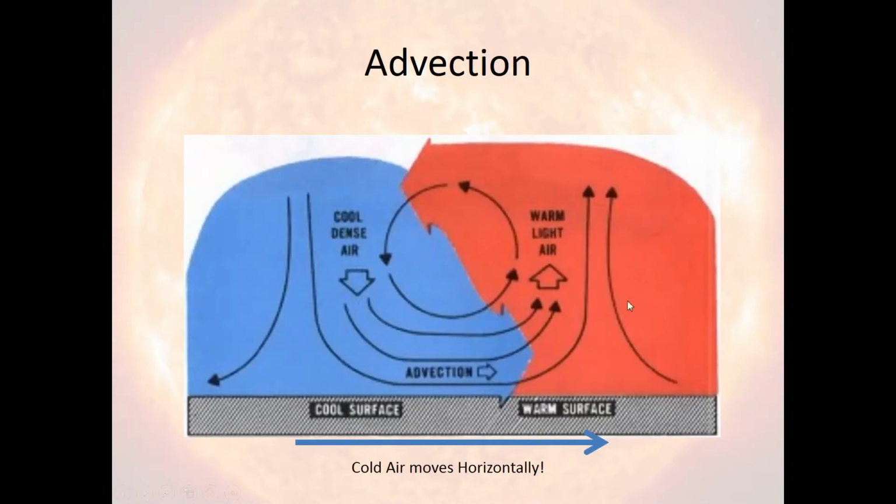On the other hand, if you have warm air pushing in and cold air being pushed away, we call that warm air advection. So cold air advection happens when cold air pushes in. Warm air advection happens when warm air pushes in. We'll talk more about this in a few weeks when we talk about fronts. But for right now, advection is the horizontal transfer of heat.